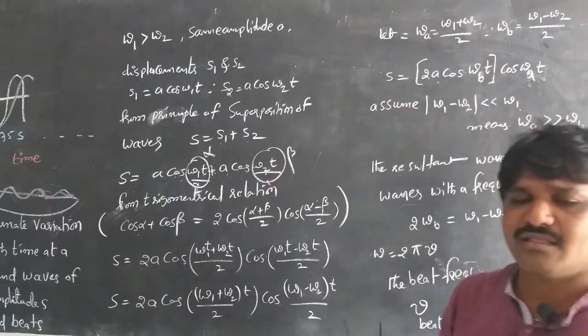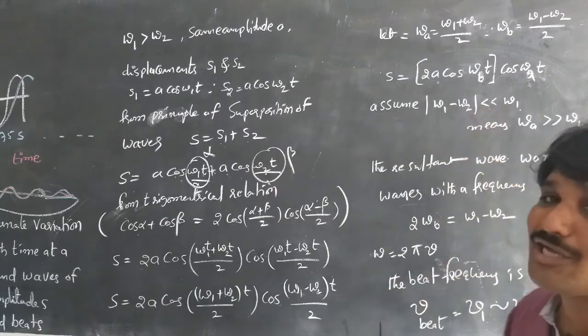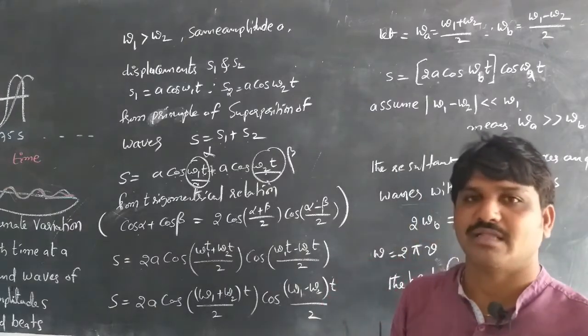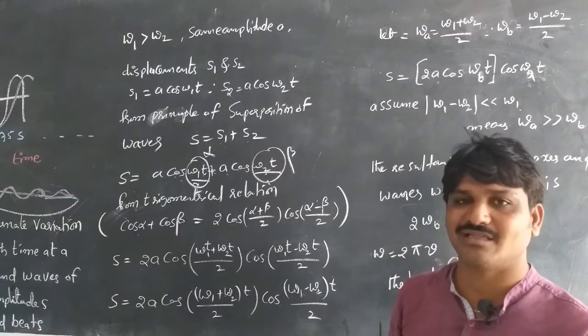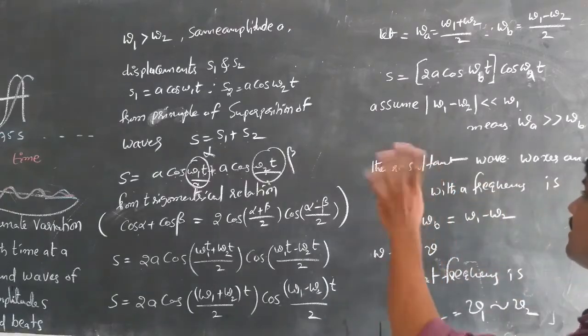Assume that the modulus of omega 1 minus omega 2 is less than or equal to omega 1, meaning the angular frequency of the first wave is much greater than omega 1 minus omega 2. Assume that.